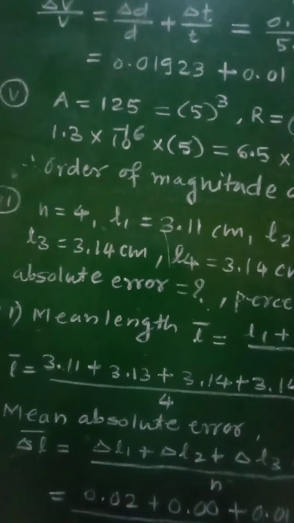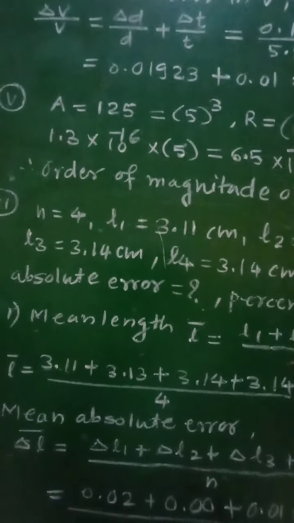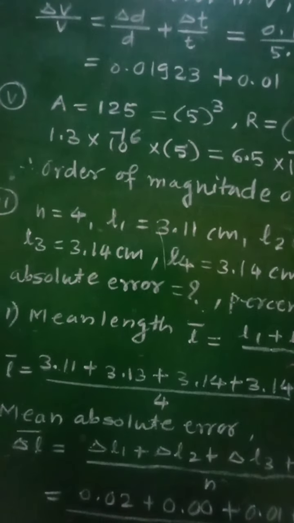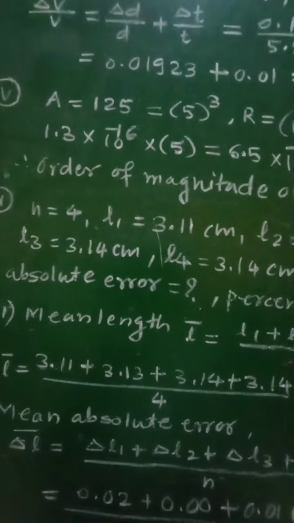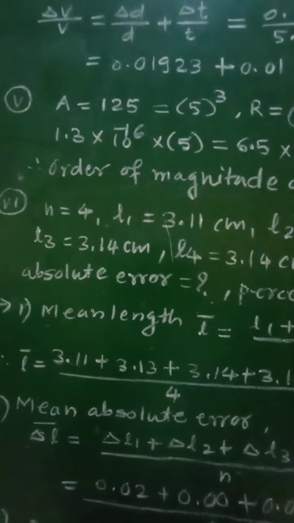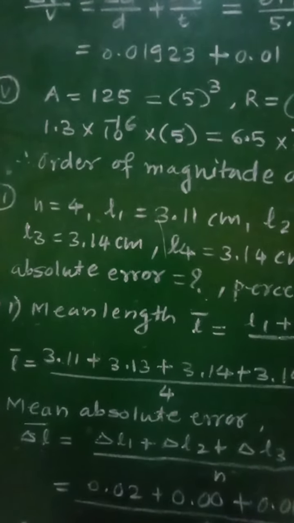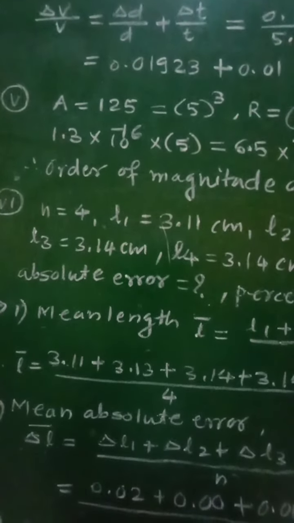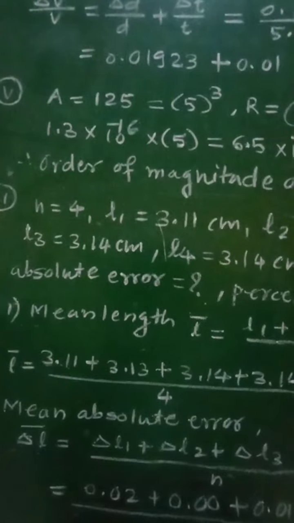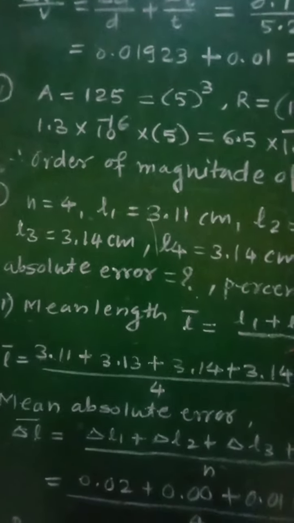Then four measurements of the length yielded the following values: 3.11 centimeter, 3.13 centimeter, 3.14 centimeter and 3.14 centimeter. Find the mean length, the mean absolute error and the percentage error in the measured values of length.